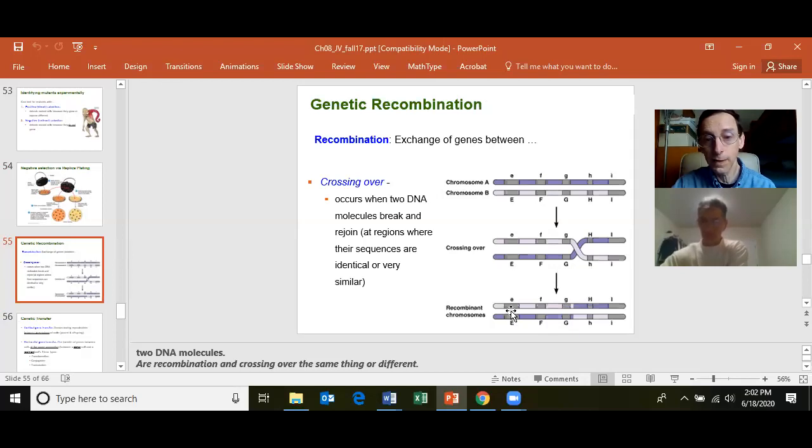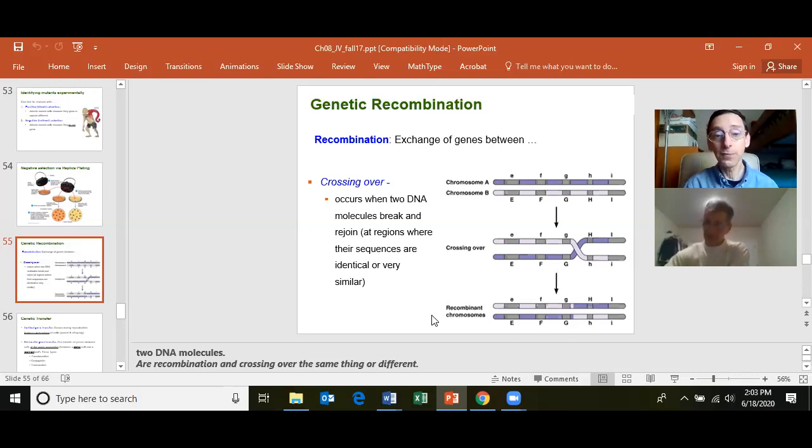Now we have lowercase e, lowercase f, lowercase g, but uppercase H and uppercase I, reassorting the genes. That's all genetic recombination does, is reassort the genes so that they can be assorted differently, meaning the lowercase g is now assorting with the uppercase H. Okay?